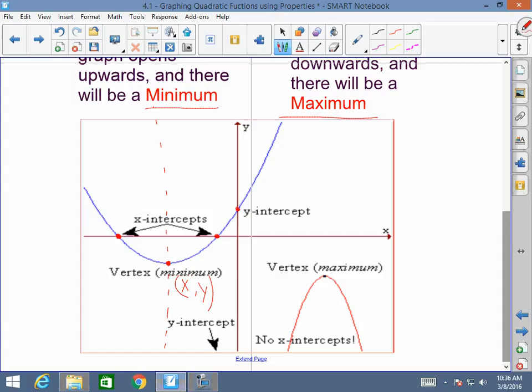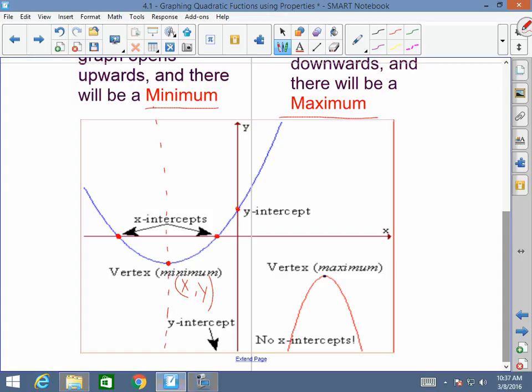A lot of questions, especially on the SAT, higher order thinking, are going to say to you, find and interpret the maximum value of this quadratic function. Or they'll give you a quadratic function and say, at what x value does the maximum occur? Or if they're talking about time for a moving object, they'll say, after how many seconds does the ball reach its highest point? All of those are just interpretations of the vertex, and the vertex is a max or a min.